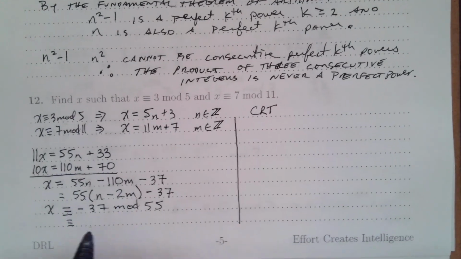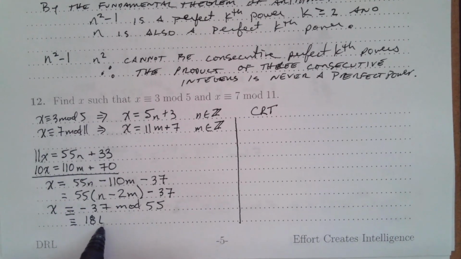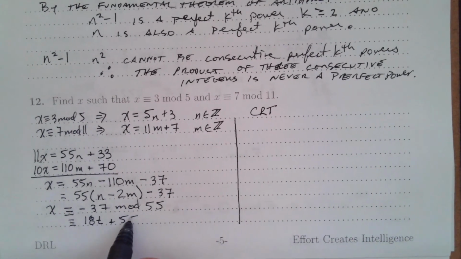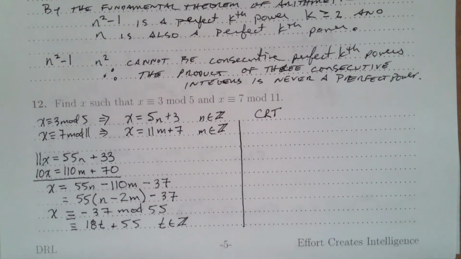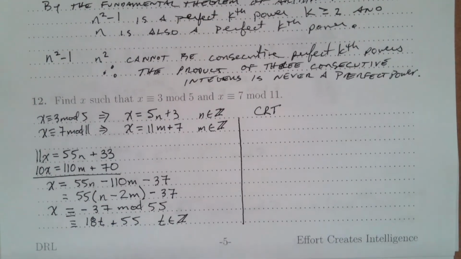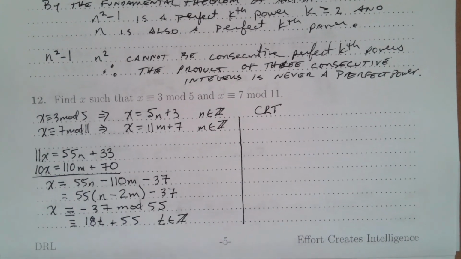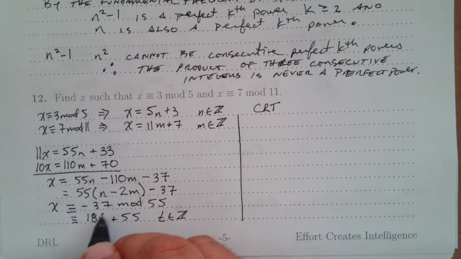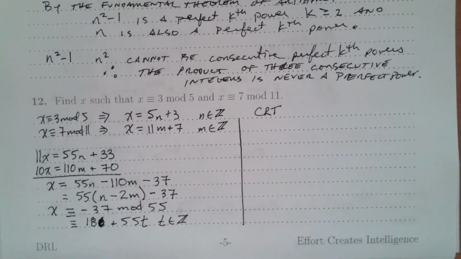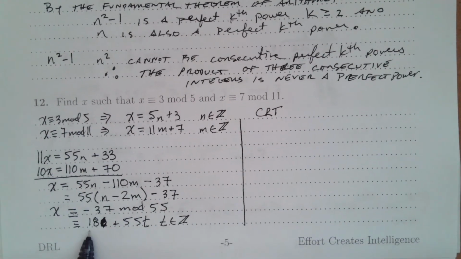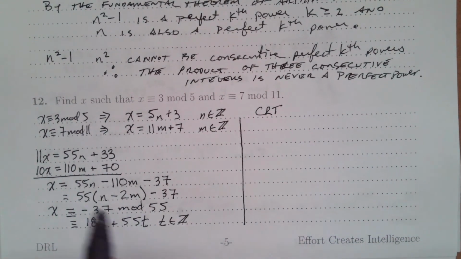And so I know x is going to be equal to 18t plus 55, where t will be some integer. Okay, and actually, this is incorrect. It's not 18t, it's 18 plus 55t, right? But if t is 0, then we have 18. So our solution, or at least positive solution, would be x equals 18.